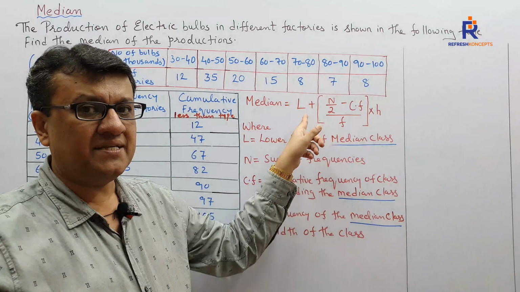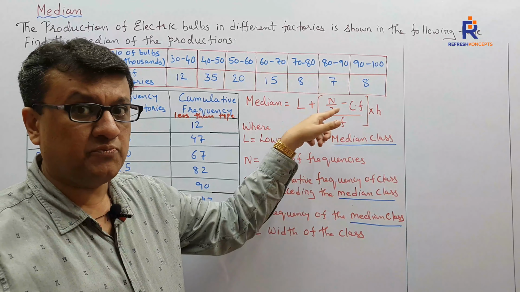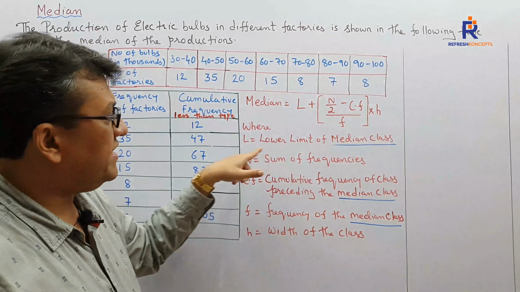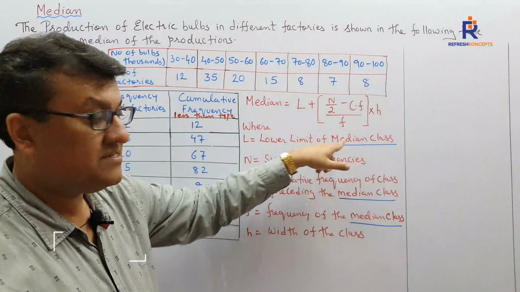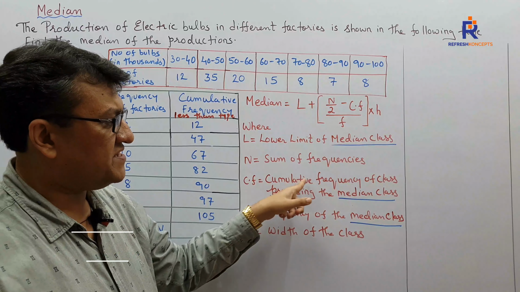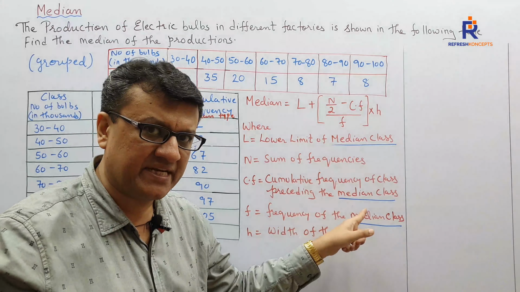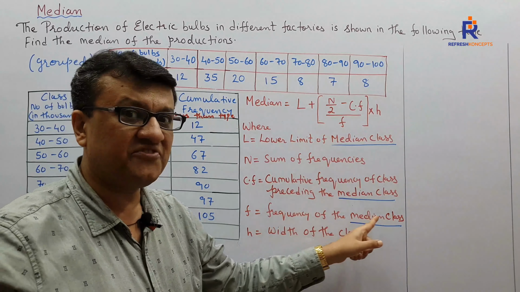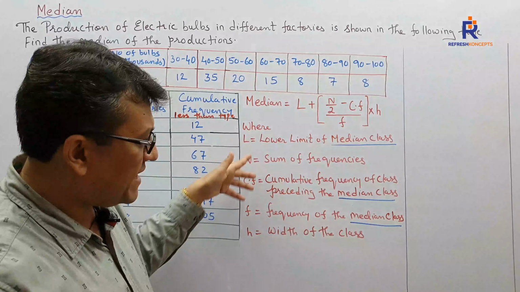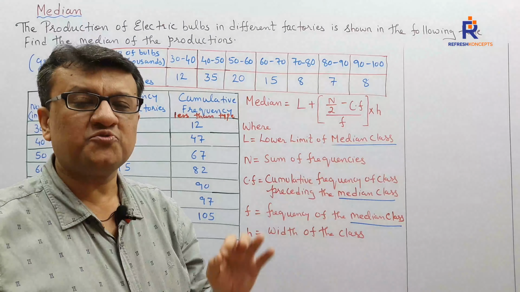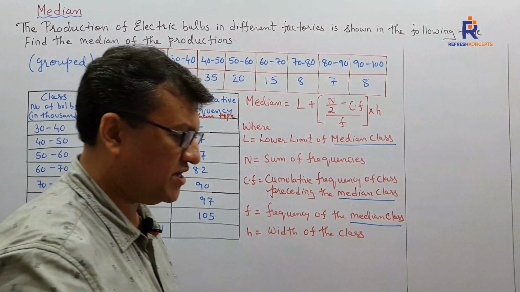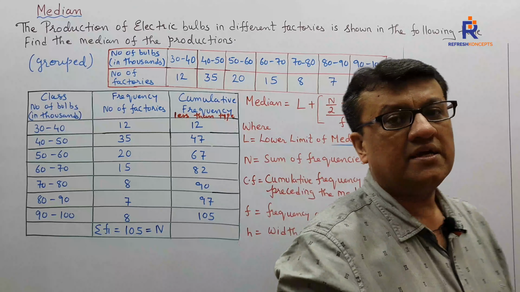Median is L plus, within the parenthesis, (n by 2 minus Cf) by F into H, where L is the lower limit of the median class, N is the sum of the frequencies, Cf is the cumulative frequency of the class preceding the median class, F is the frequency of the median class, H is the width of the class. Don't you think that three parameters depend on the median class? So what is the median class?